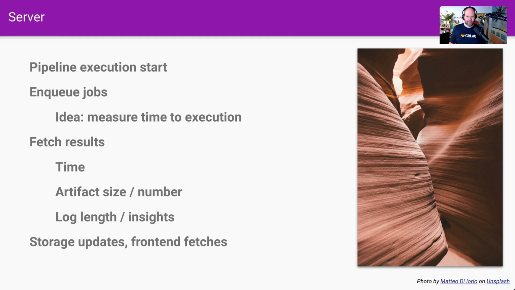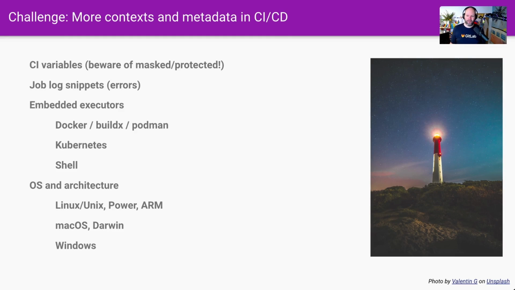But still it's interesting. And there is much more to be challenged, because CI/CD variables might be protected or masked, so we need to ensure what we can use in there and reuse from the runner to the server. The job log snippets might also contain certain context or metadata which is useful in the traces, so figuring out how to copy the logs to the traces.